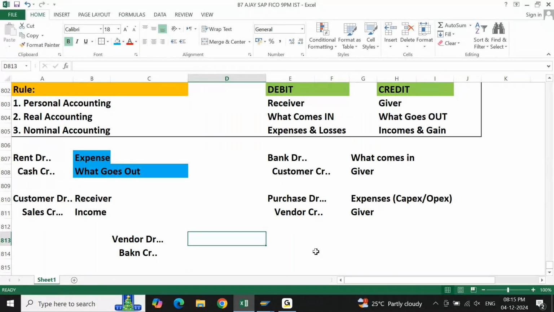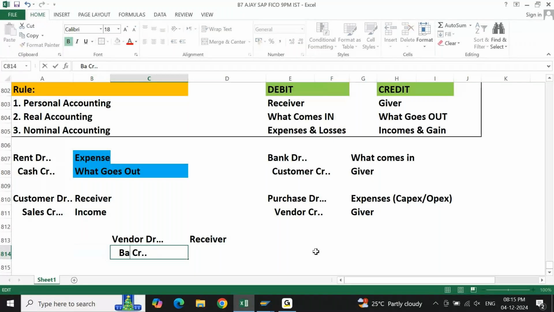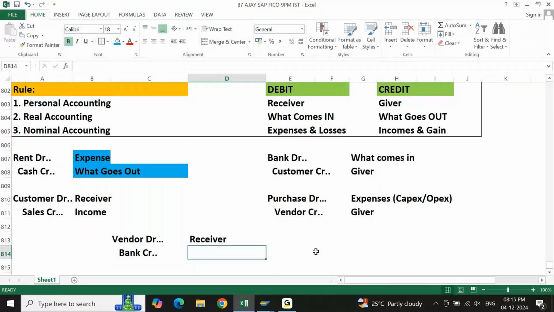Vendor is a receiver. Bank is giving the money to you. Vendor is receiving money for which we have purchased. Correct. Why bank credit? What goes out? In our bank account, funds are outgoing, so money is going out. So bank account is credit.